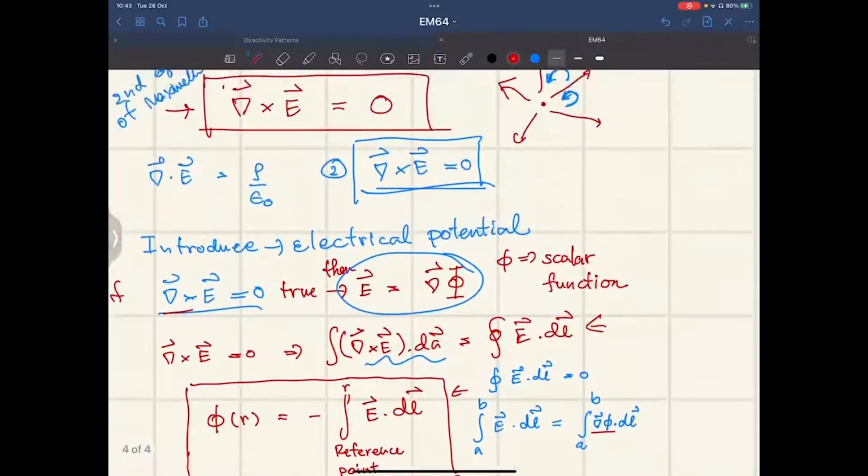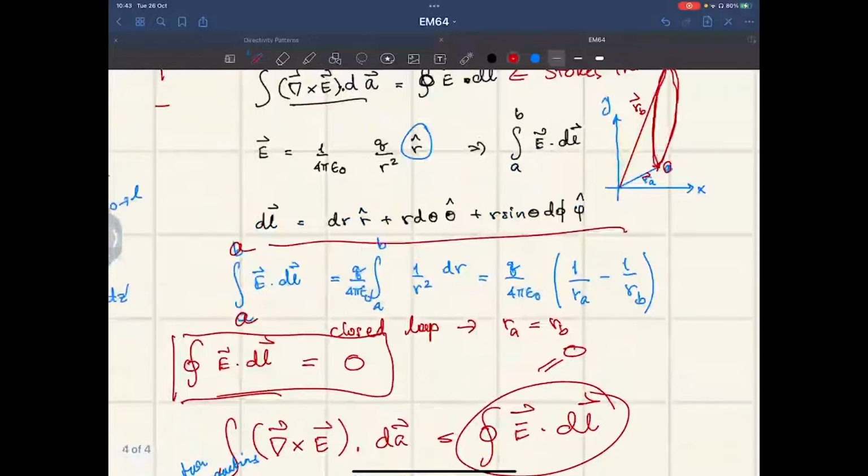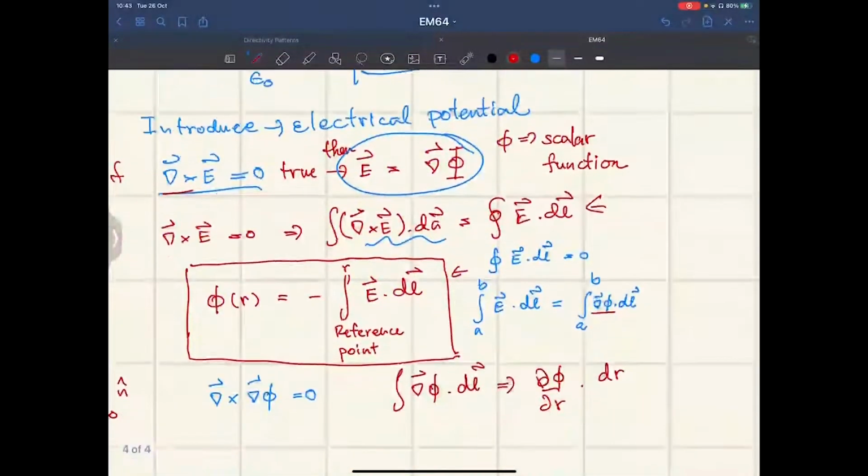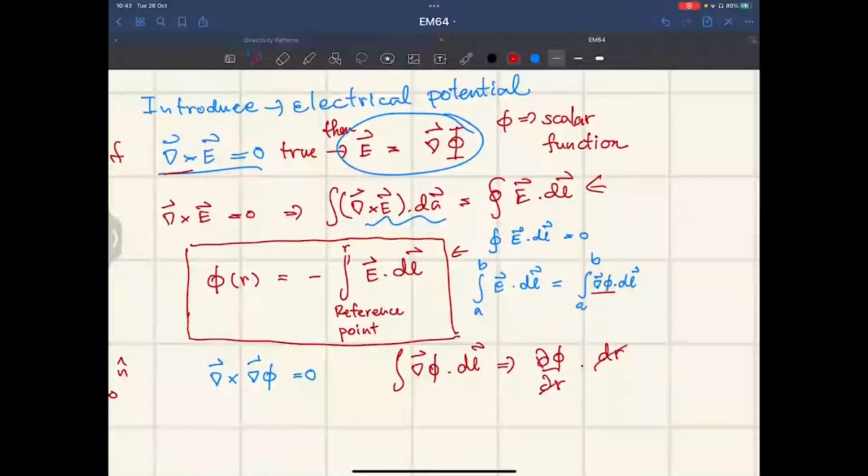You can put the whole thing in there, but I only consider dr because our E field is just directed along r. What do we have? We have the integral of what? What's the result of this? Is that clear?